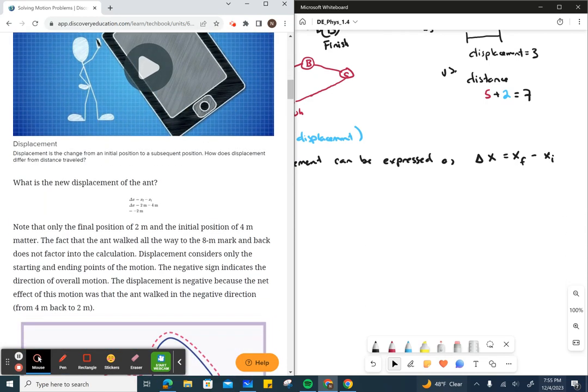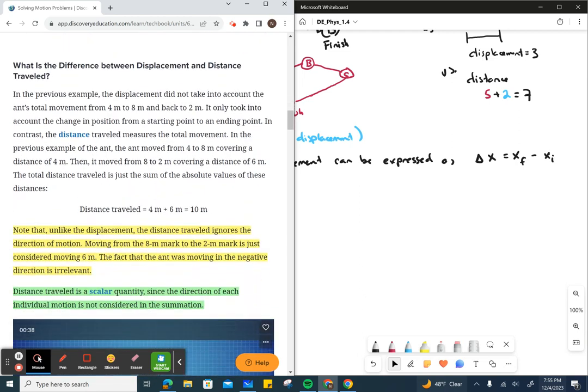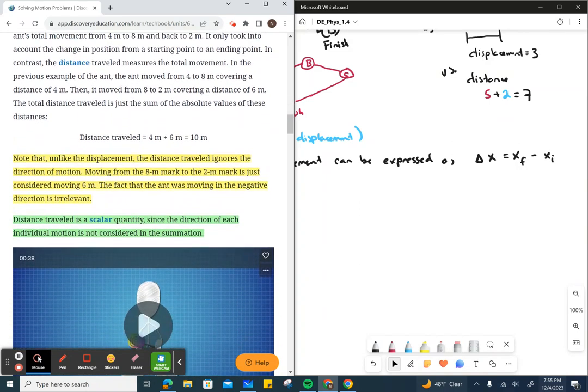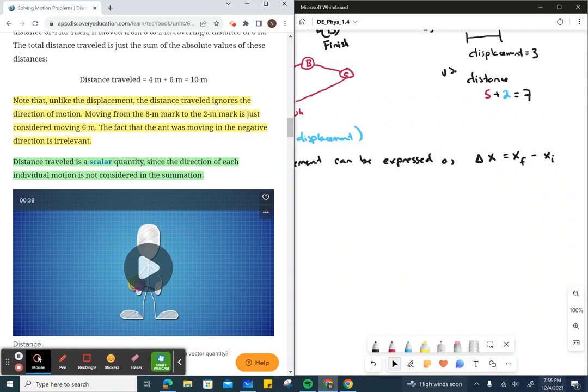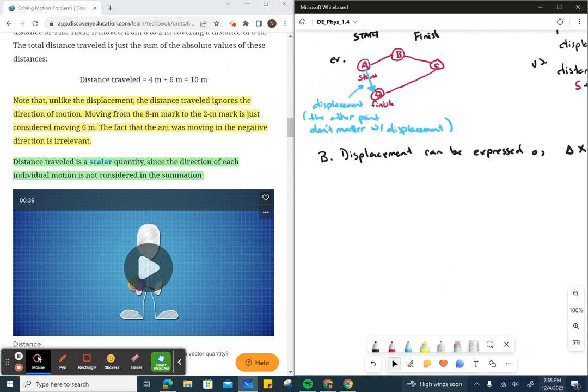They're just trying to get you to conceptualize distance and displacement. Distance traveled is a scalar quantity since the direction of each individual motion is not considered in the summation. Right? With displacement, it is considered, right?